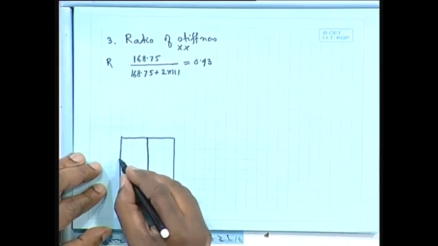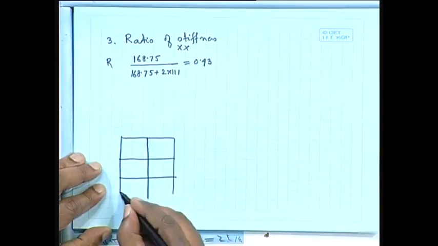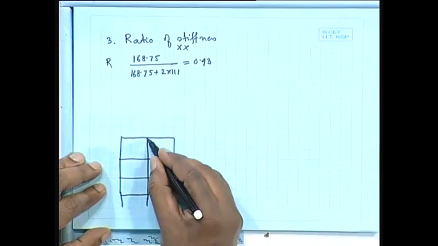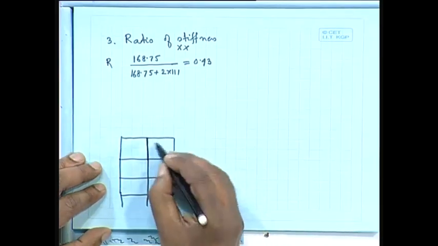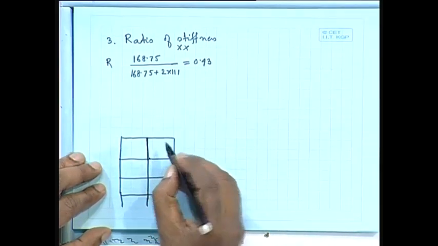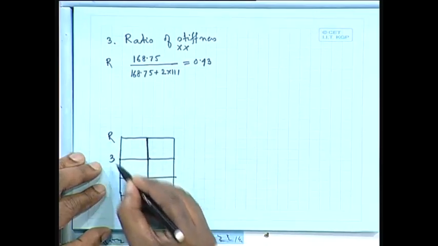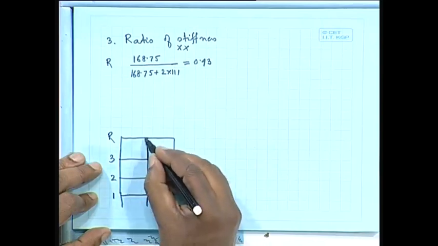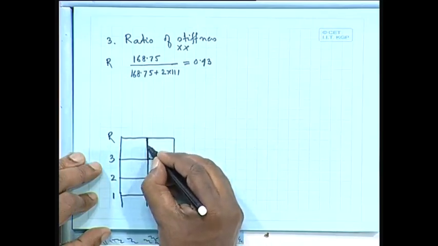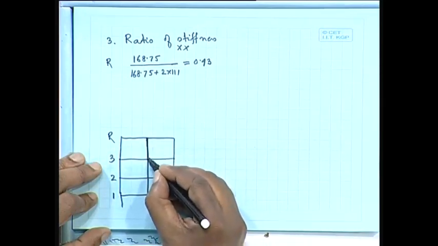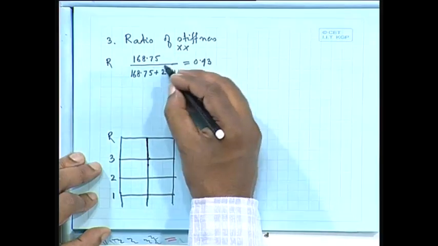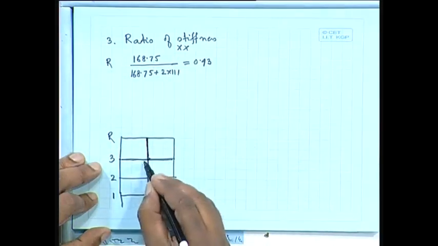So, we are interested here to find out, say, this one. When you are talking this one, then this is your roof, this is your third, second, first, similarly it will go down to ground. So, at this level we are having only this column, but when we shall take this one, then we are having this column as well as this column. So, for roof in XX we are having, and we are taking this one only, these two.